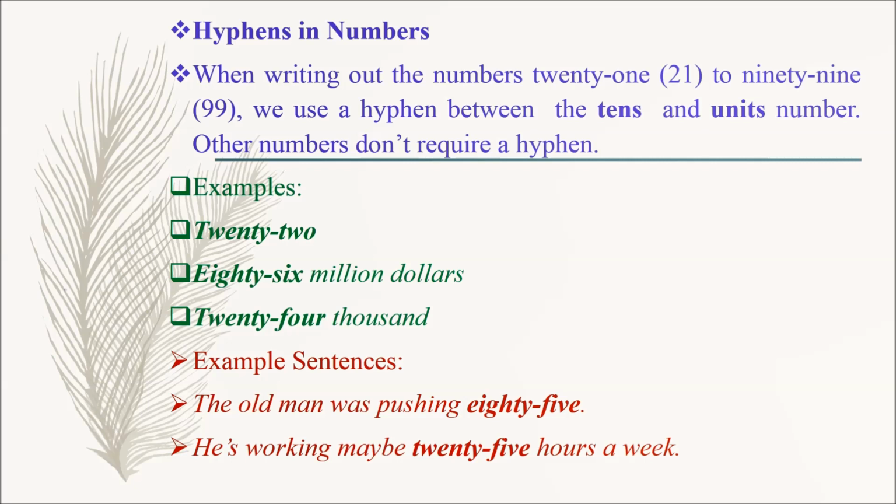Next, let's see example sentences for this. The first example sentence is: the old man was pushing eighty-five. He is working maybe twenty-five hours a week.